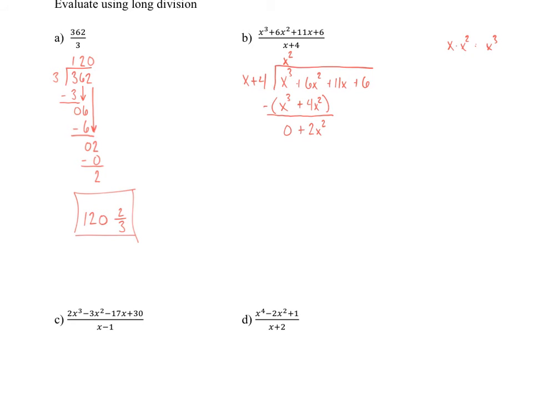Now we'll have to bring down the next term, and we do it all over again. How many times does x go into 2x squared? Well, off to the side, I'm going to make a note. X times what gives me 2x squared? Well, that's going to be 2x. So, plus 2x. 2x times x is 2x squared.